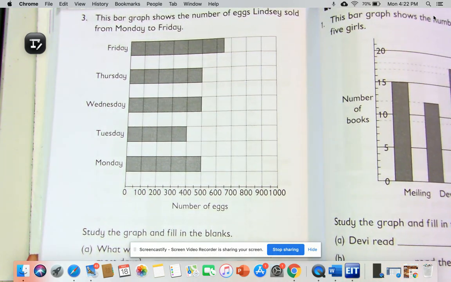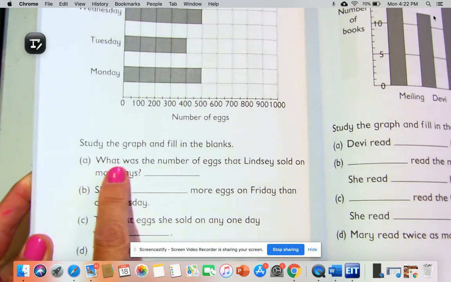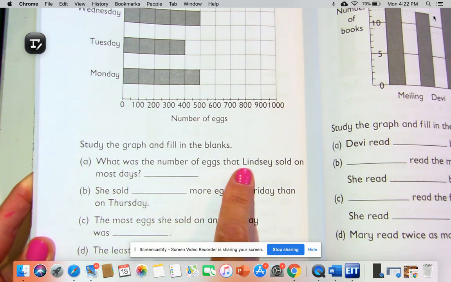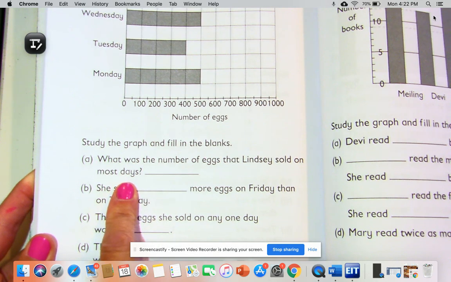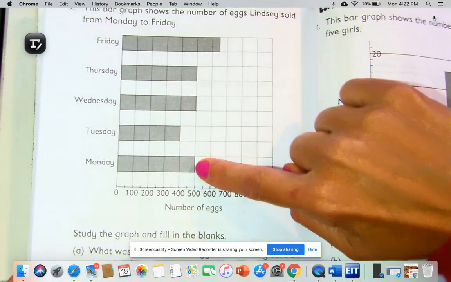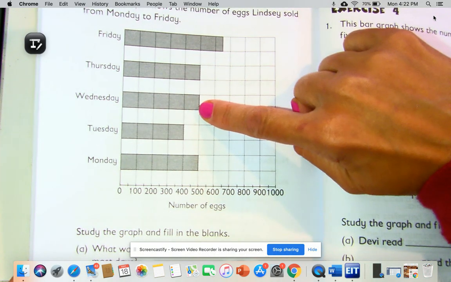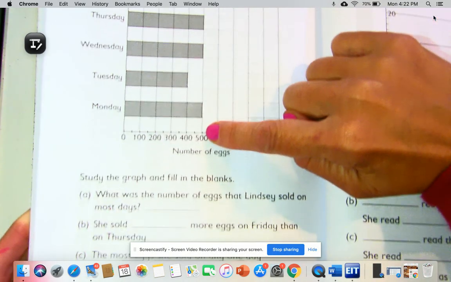Alrighty, and let's see. We have a few questions. It says, what was the number of eggs that Lindsay sold on most days? So on most of the days, like this day and this day and this day, she sold a certain number of eggs.